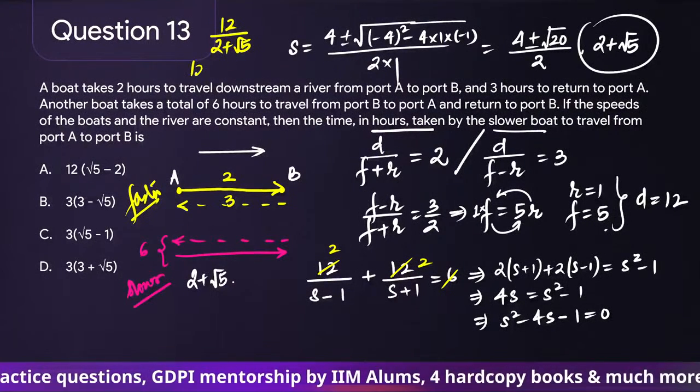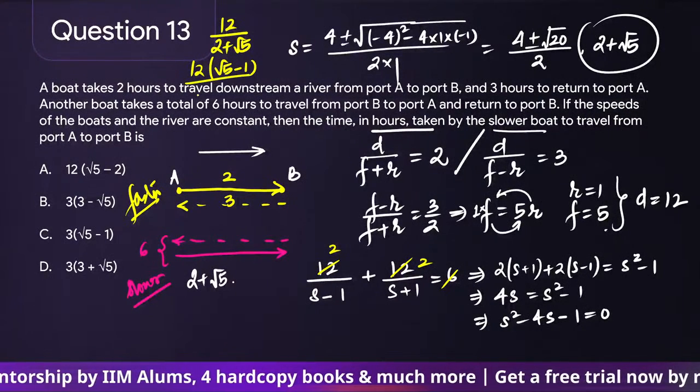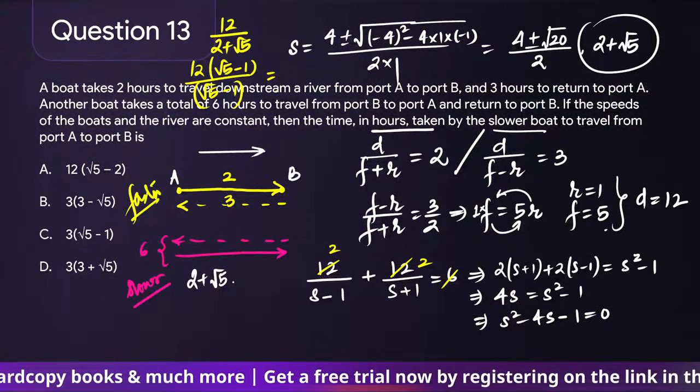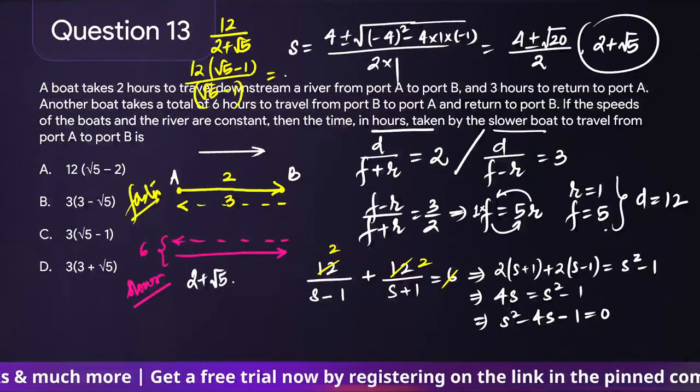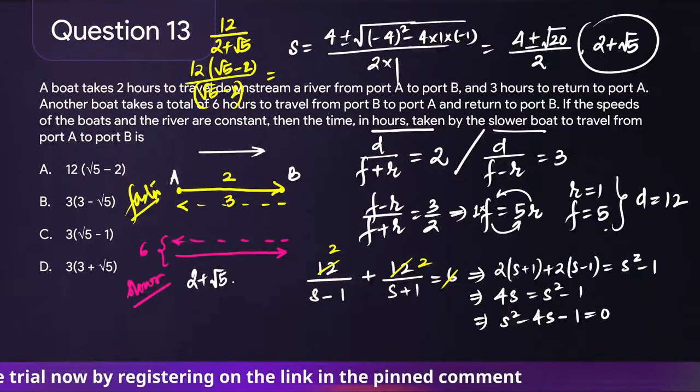तो हम इसको रूट 5 माइनस 1 से मल्टीप्लाई और डिवाइड कर देते हैं. So we will get, सॉरी, रूट 5 माइनस 2 से मल्टीप्लाई डिवाइड कर देते हैं.